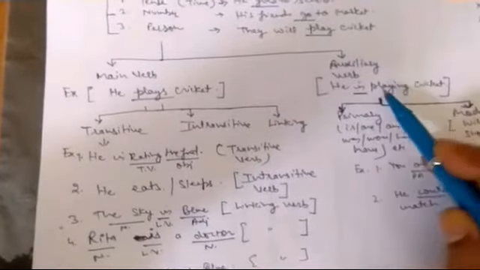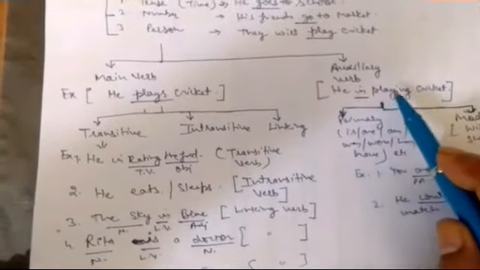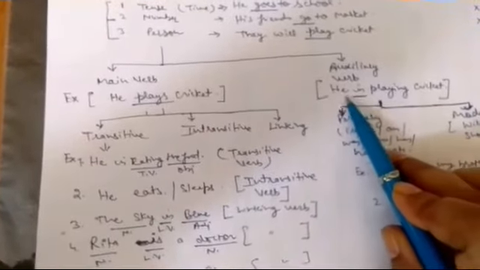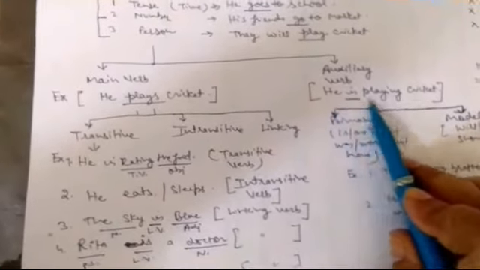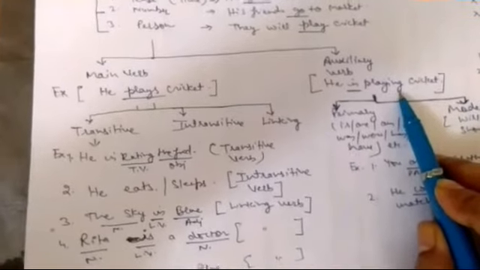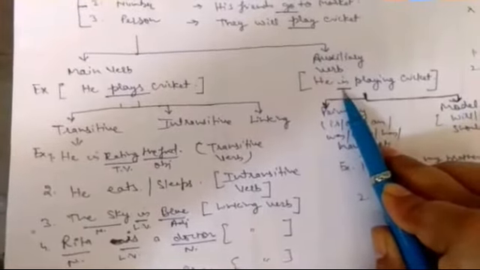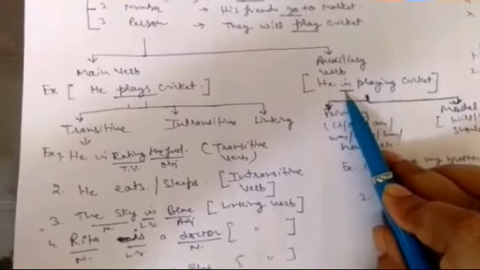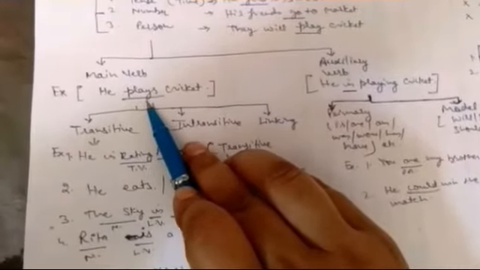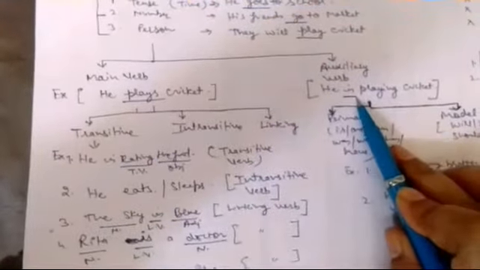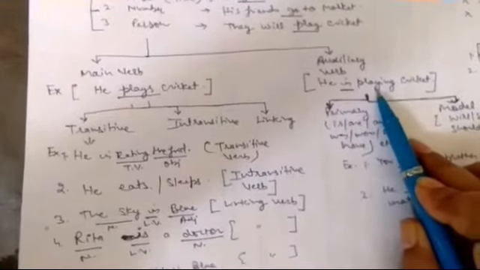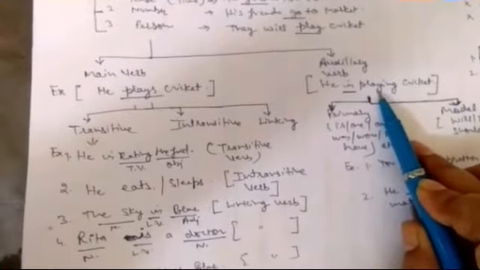And auxiliary verb is in the form of is, are, am, was, were. In this sentence, he is playing cricket, playing is the main verb and is is the auxiliary verb. Are you getting my point?